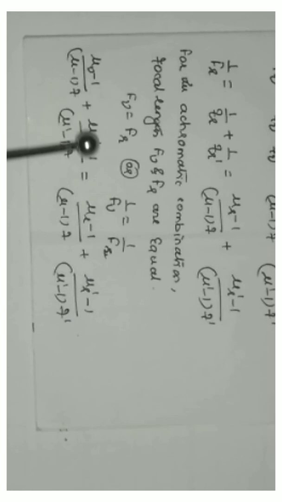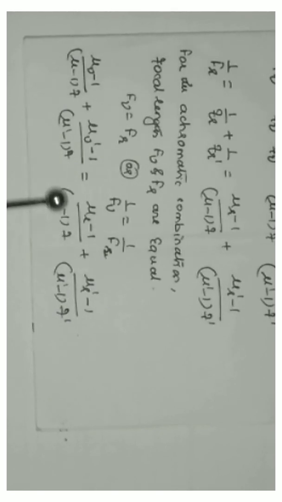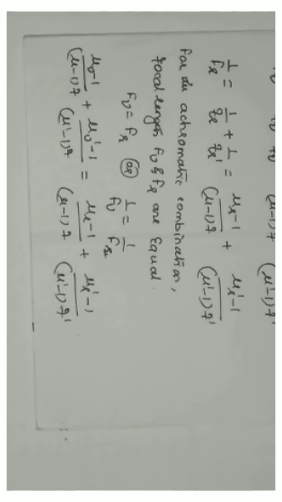That means on substitution of these terms, we get (μv - 1) by (μ - 1) into F plus (μ'v - 1) by (μ' - 1) into F' is equal to (μr - 1) by (μ - 1) into F plus (μ'r - 1) by (μ' - 1) into F'. Now we transfer the terms on the right hand side to the left hand side so as to equate this to 0.